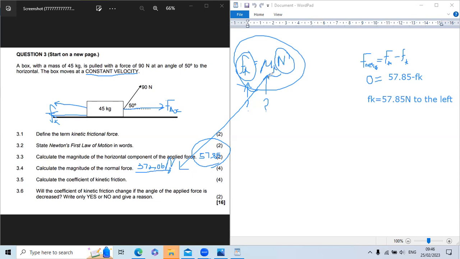So now all we have to do is rearrange this equation. We're going to divide both sides by the normal force.